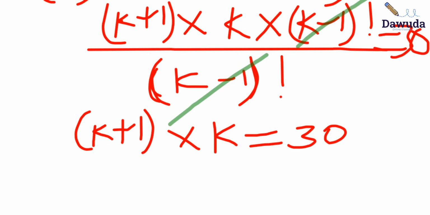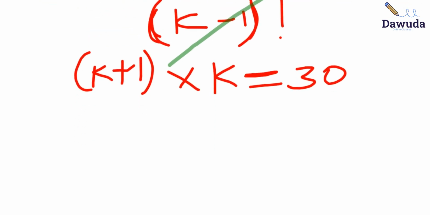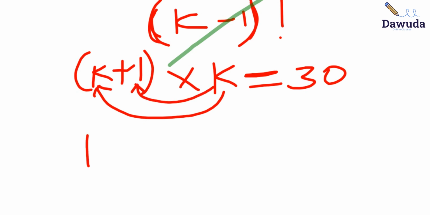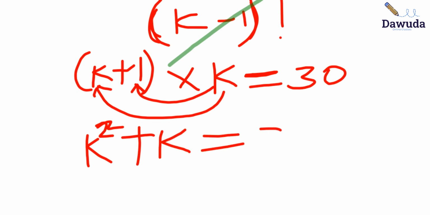Now let's expand the brackets. By expanding, k will multiply by k here, and the same k will multiply by 1 here. So k times k will give you k squared, and then k times 1 will give you k, to be equal to 30, right?